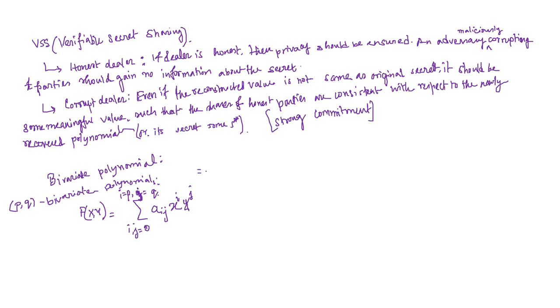If we expand the terms, it will be like a00 x to the power 0 y to the power 0, a01 x to the power 0 y to the power 1 till a0q x to the power 0 y to the power q, plus a10 x to the power 1 y to the power 0, a11 x to the power 1 y to the power 1 till a1q x to the power 1 y to the power q.